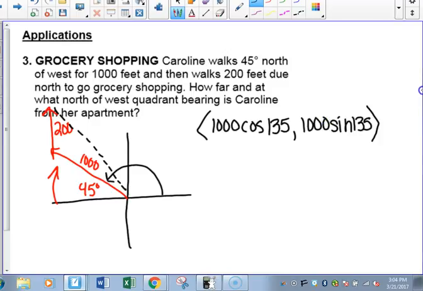What about this little piece of her trip, straight north? If you drew it separately, it's a 90-degree angle. So you could do 200 cosine of 90, 200 sine of 90. But what should the coordinates be? Nothing over, but straight up 200. Everybody okay?